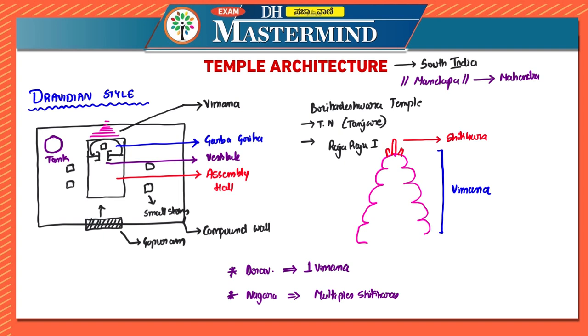Another example for Dravidian style is Gangaikonda Cholapuram temple. It was built by the son of Raja Raja I, which is Rajendra. They named the place after conquering the Gangetic Delta to commemorate his victory. That is why you have Gangai Konda. Konda means victory.